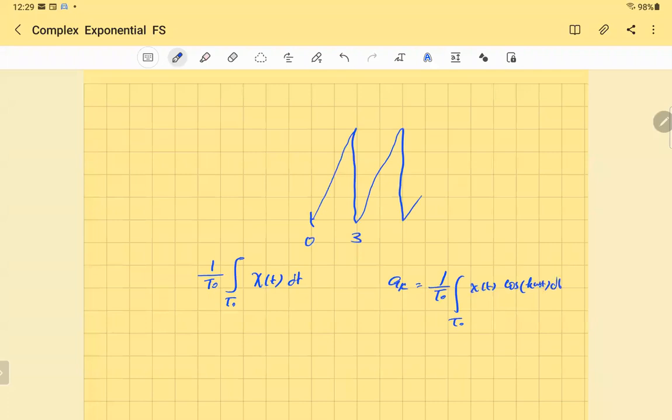I was asked a question: what is x of t? Is it the amplitude of the signal? No, x of t is the function, the equation that represents the signal in the period from 0 to 3. So when you have the amplitude here equal to 2, you go to the y-axis, and that's the x-axis.